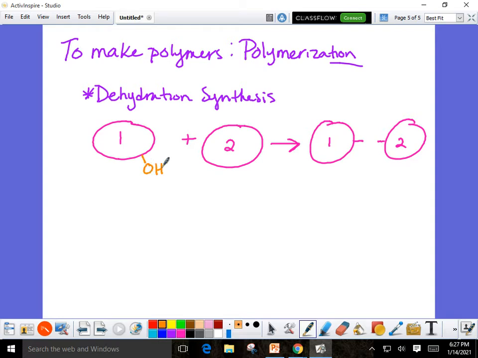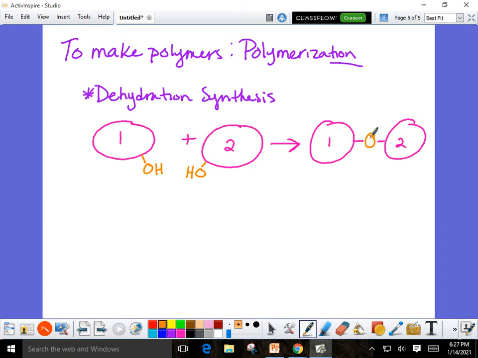Actually, off of both of them, you're going to have a carboxyl group, which is an OH. The reason it says HO on number 2 is just because the O is actually what bonds to the carbon in the backbone structure of molecule number 2. And there's an oxygen between molecules 1 and 2 when it becomes a polymer.